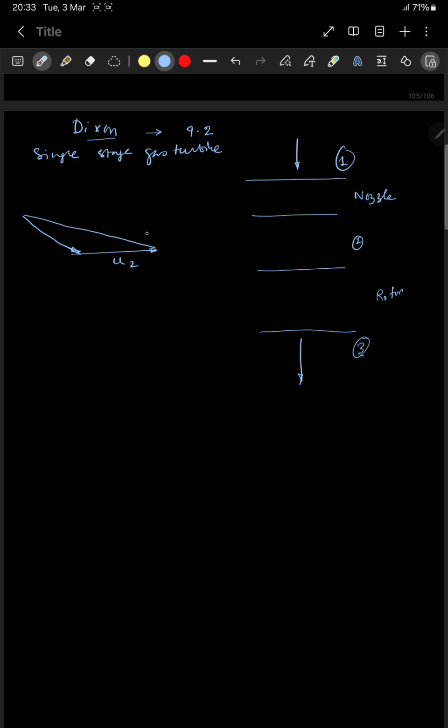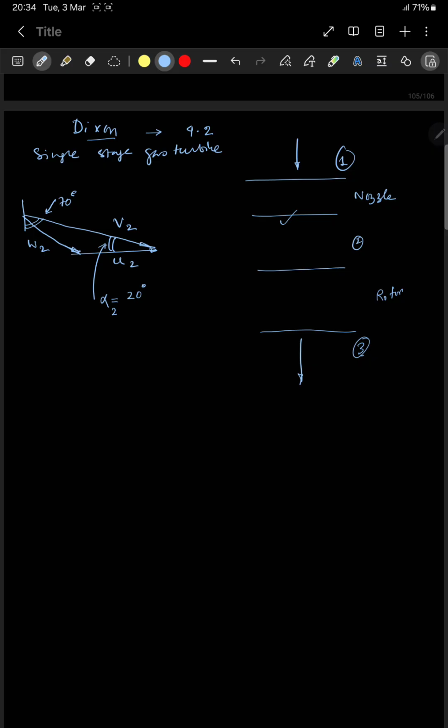This is U2, this is V2, this is W2. It says the absolute flow angle at nozzle exit is 70 degree. Nozzle exit is this and this is 70 degree. As per our derivations done earlier, this is alpha 2, which is equals to 20 degrees, right?